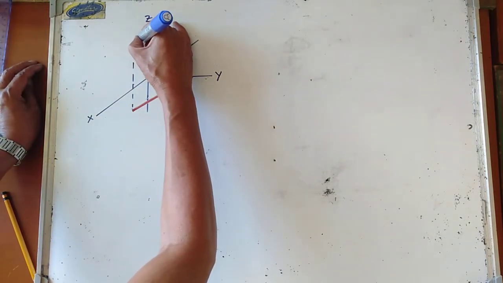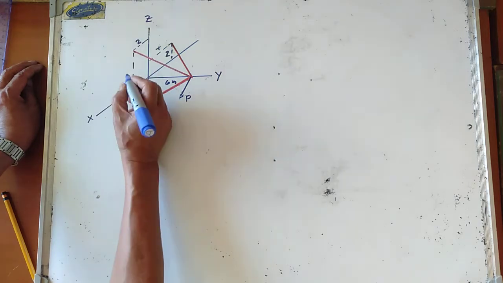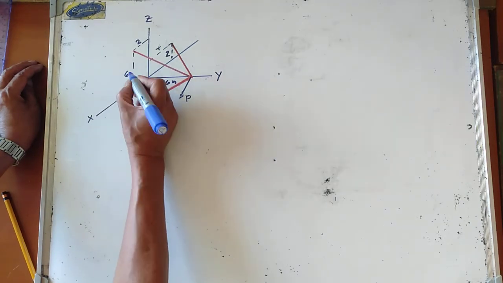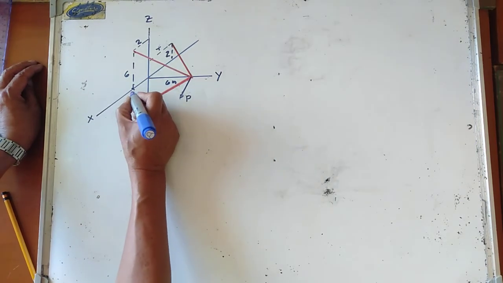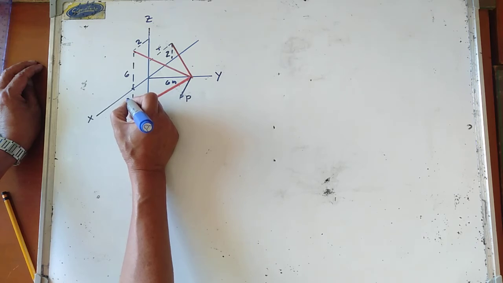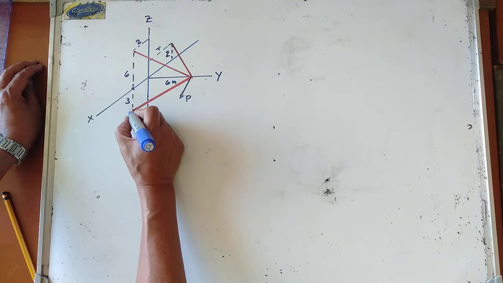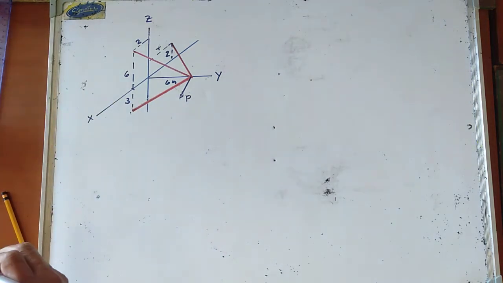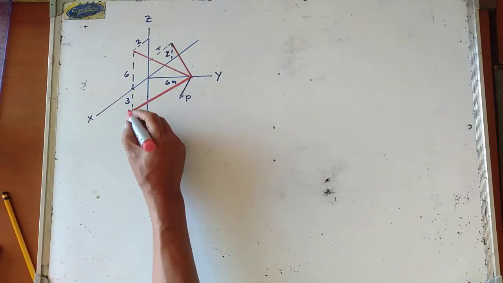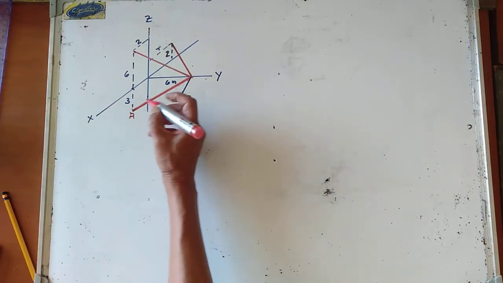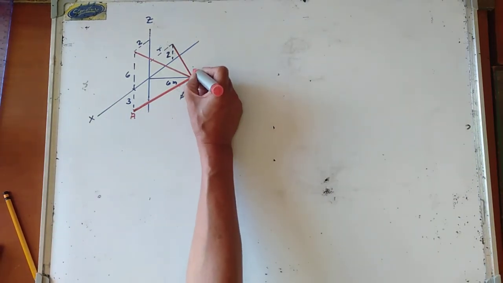What's the answer? So this is equal to 98.5 minus 92.076. So this is equal to 6.424 meters. So the answer is 6.424 meters.